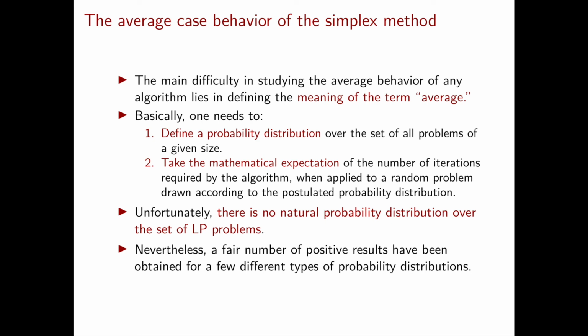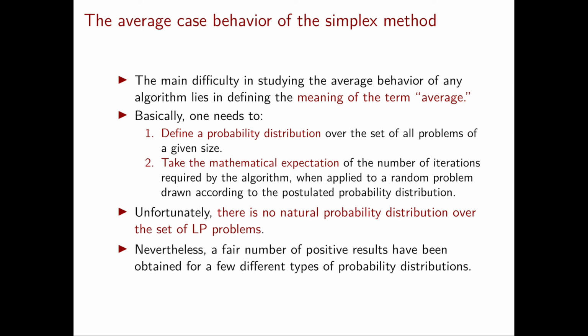Its main difficulty lies in defining the term average. In fact, in order to define average, first you need to define a probability distribution over the set of all the problems. Then you need to take the mathematical expectation of the number of iterations required by the algorithm. One of the key difficulties here is that there is no natural probability distribution over the set of linear programming problems.